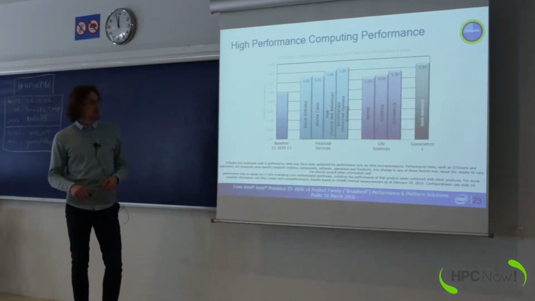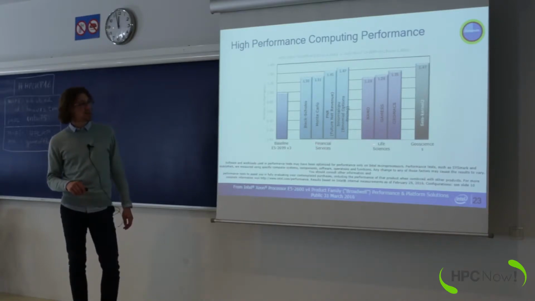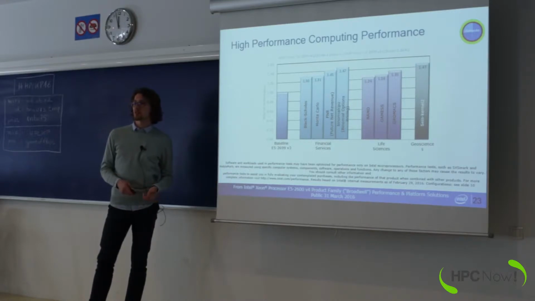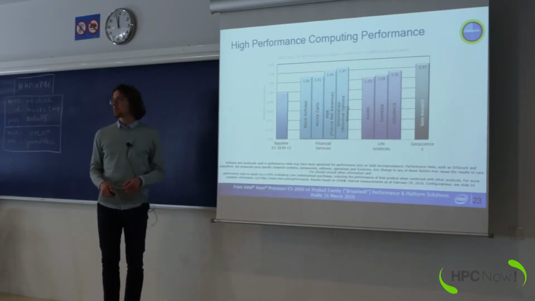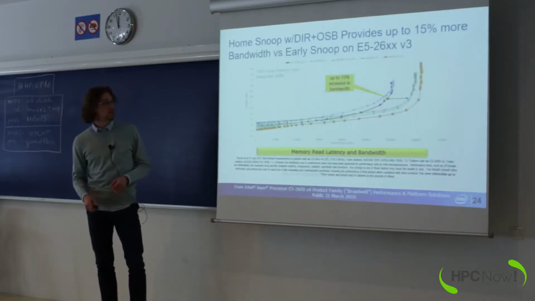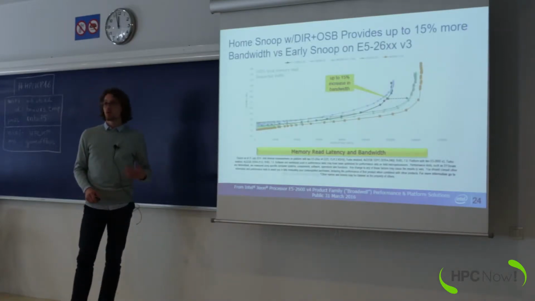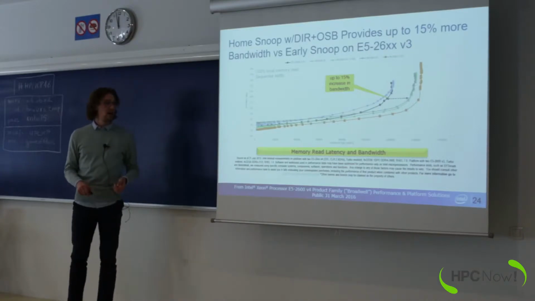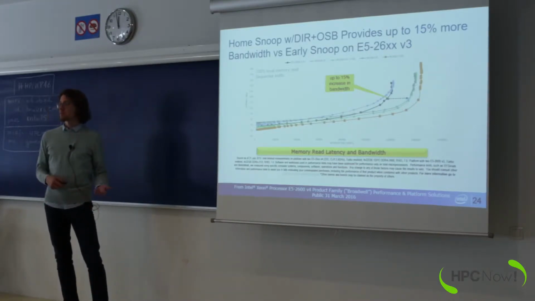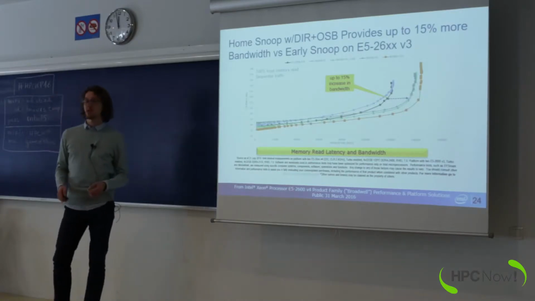Also, obviously, they're targeting different markets, so financial services, life science, and geoscience are quite explicit applications that are being used a lot, that are being optimized a lot, and that lots and lots of people are actually using their systems for. Apart from more cores and more threads, there's also less latency in the memory and more bandwidth, so you can transfer more data quicker and you can process data quicker.